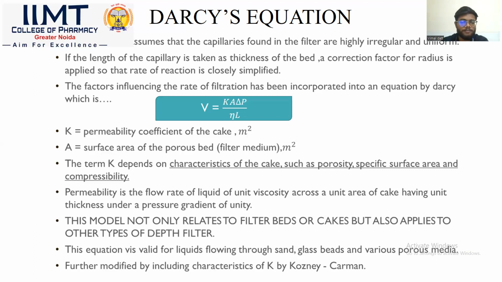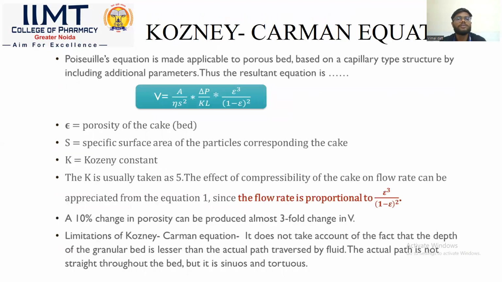Further, it is modified by including characteristics of K by the Kozeny-Carman equation. So this equation is further modified and is known as the Kozeny-Carman equation. So the Poiseuille equation is made applicable to porous beds based on the capillary type structure by including additional parameters.